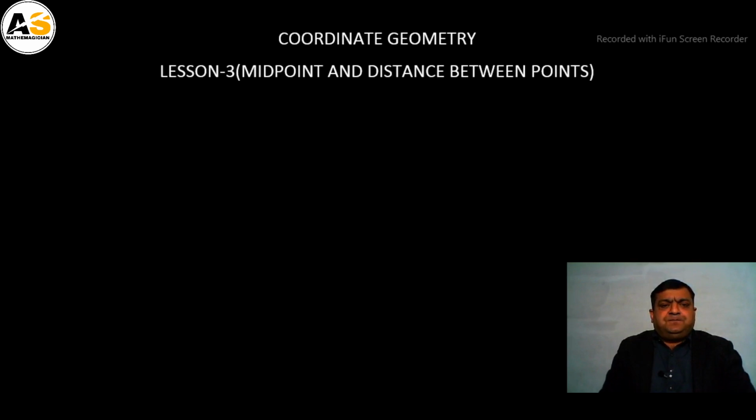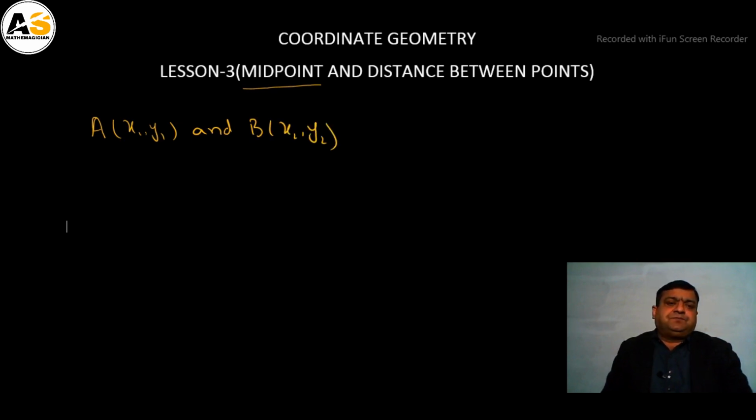In today's lesson, we will learn two basic formulae. Number one is finding the midpoint of a pair of points. Suppose we are given 2 points A (x1, y1) and B (x2, y2) in the plane.